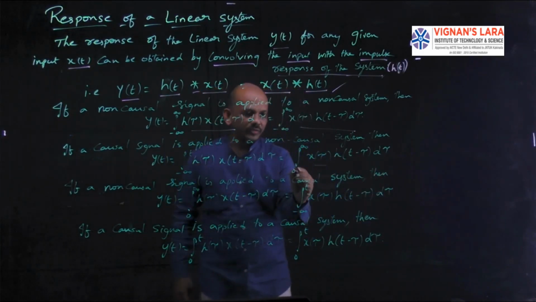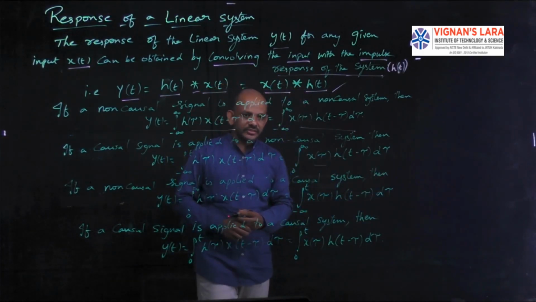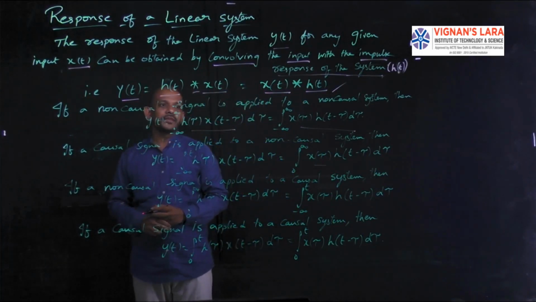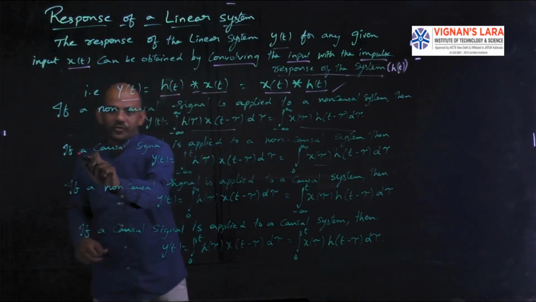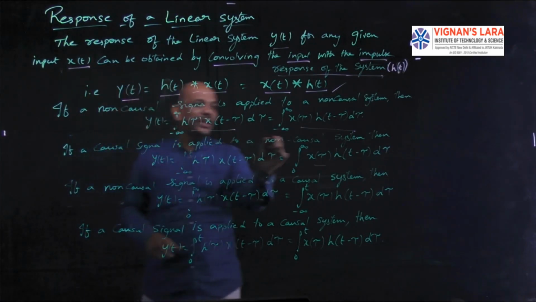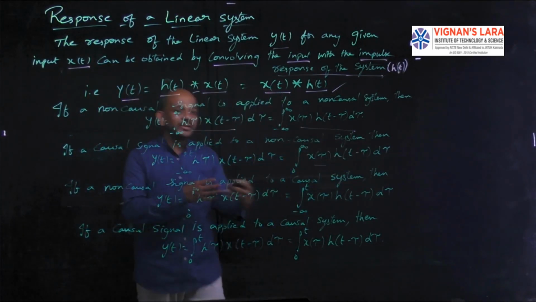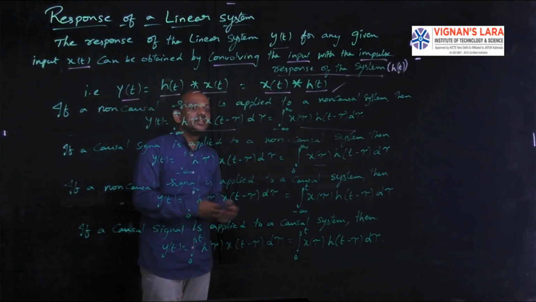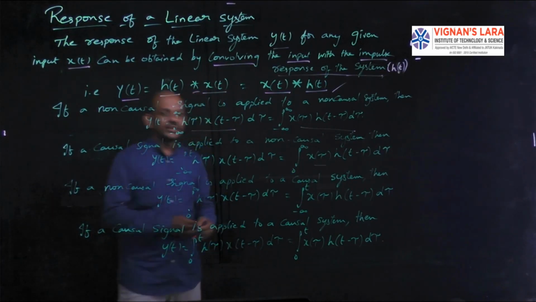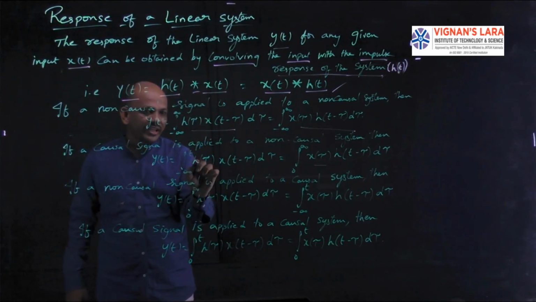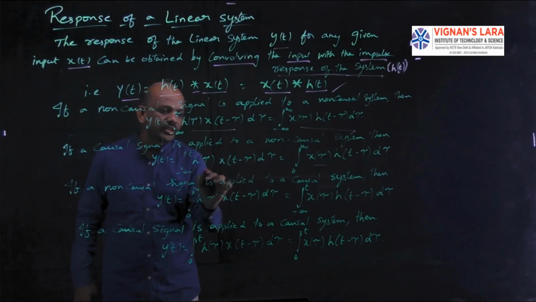For that reason, we have to consider 0 to infinity. And the system is non-causal. Hence, we go with minus infinity to t, h of tau x of t minus tau d tau.